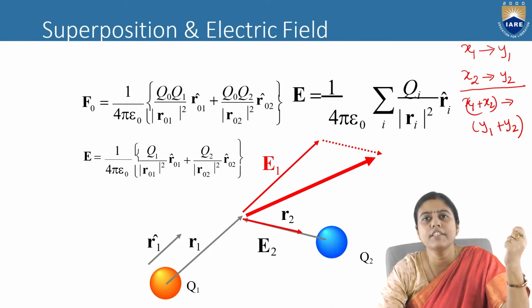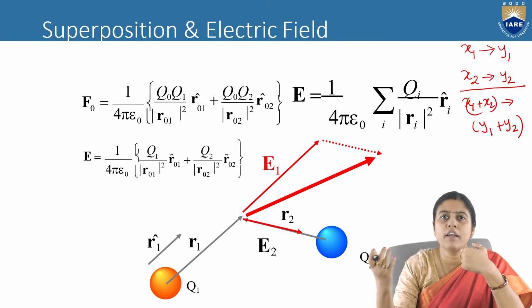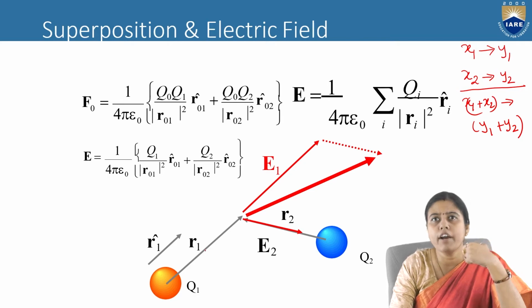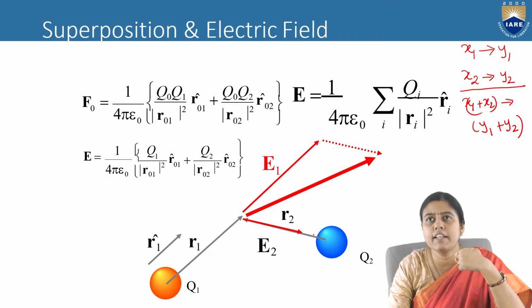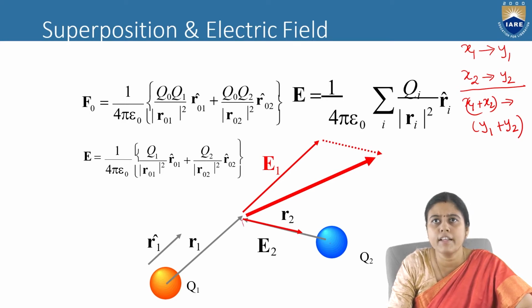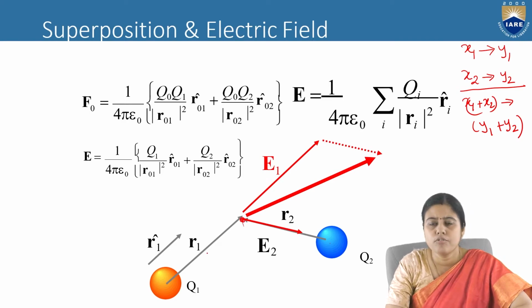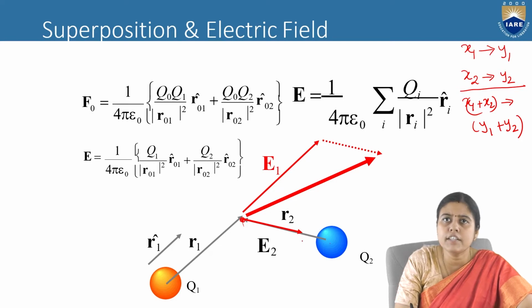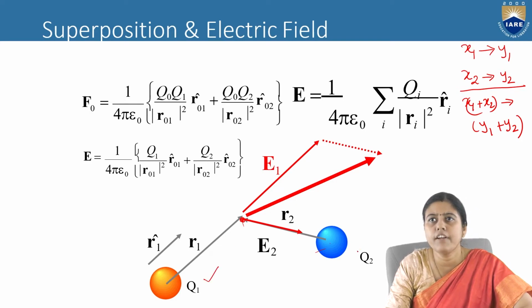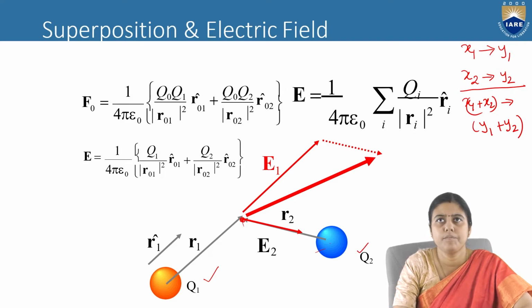So every charge experiences or exerts some force on the other charge. Say the orange ball is one charge and the blue ball is another charge. Both are working in the middle in this field. So what is the total field? The field due to the Q1 charge plus the field due to the Q2 charge.